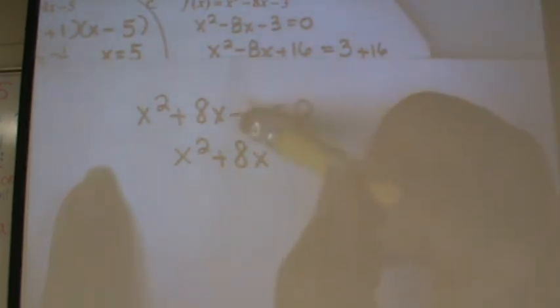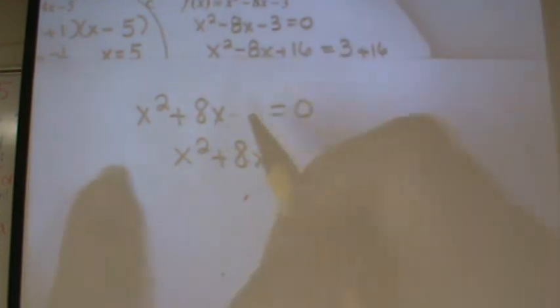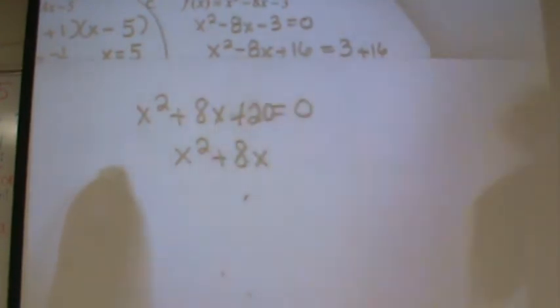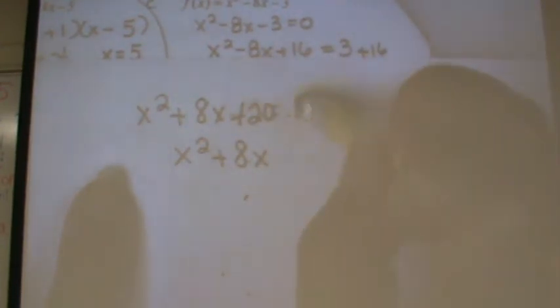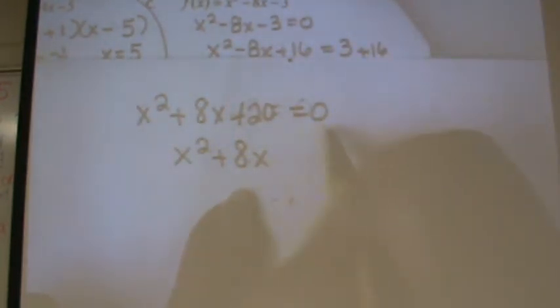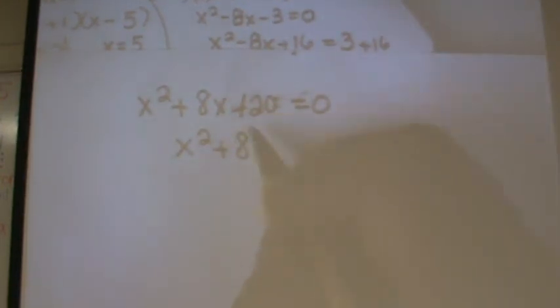Actually, I'm going to change this to plus 20. Make that plus 20. So we're going to subtract 20. So take half of 8, which is 4, and square. You're going to add 16 to both sides.